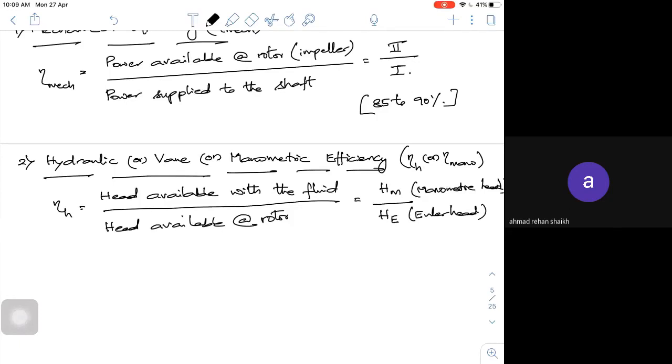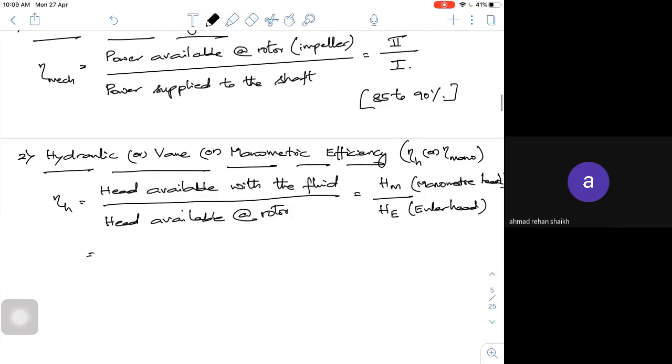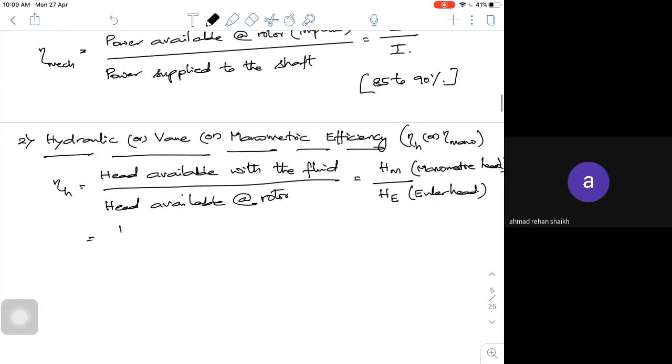Fine. So if I write it mathematically, this is Hm divided by what is available at the rotor, which I need to write as (VW2 into U2 minus VW1 into U1) divided by g.